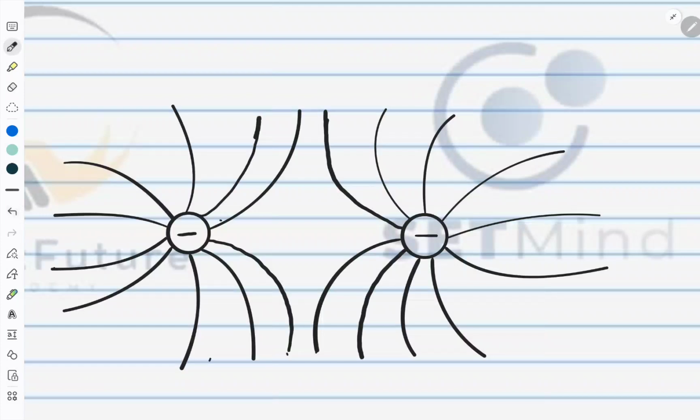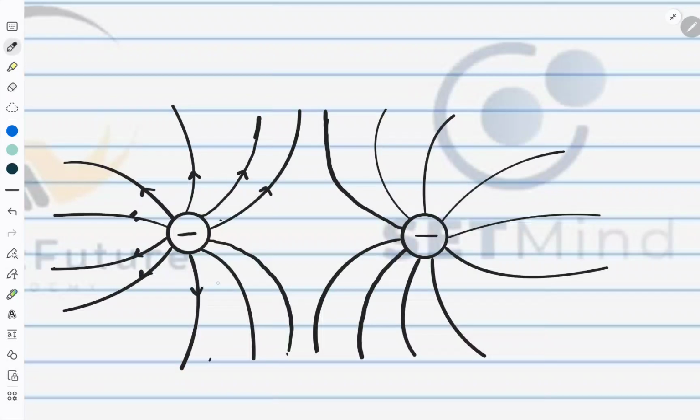Right, and then they don't touch each other and they don't cross the circle. So if you have the circle, when you draw the line, it shouldn't cross the circle like this, and the lines shouldn't cross each other. You shouldn't have something like this or something like this. There's no need for that. All right, and then the arrows, since these are negative, the arrows should be pointing away from the charge itself, or from the circle.